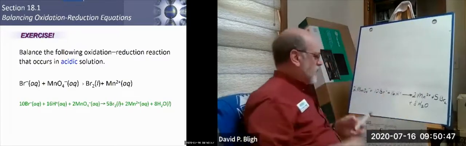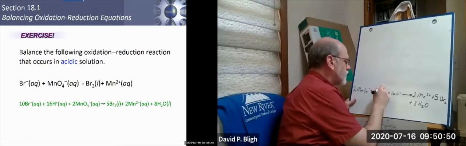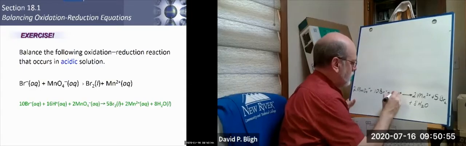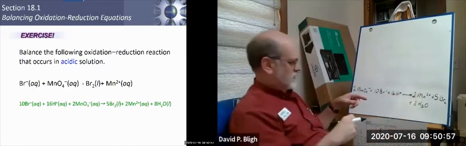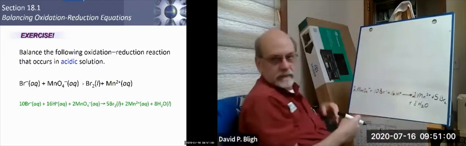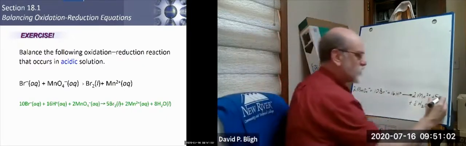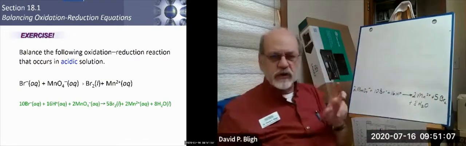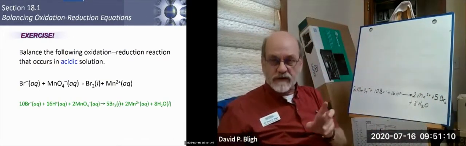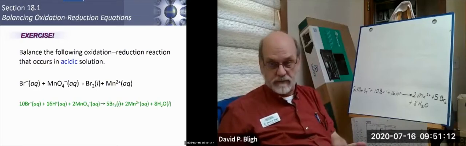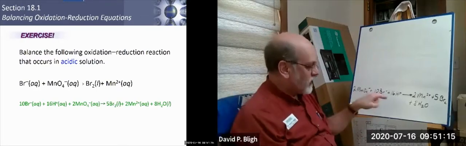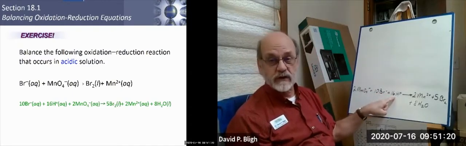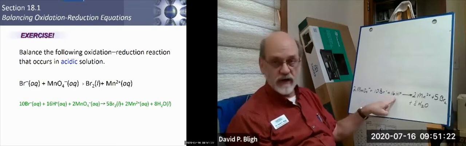All right. So that I don't have to write it all over again, I'm going to make my changes going that way. All right, so how do you turn this into a basic solution? You consume the protons with hydroxyls. So if we've got 16 hydrogens, how many hydroxyls do we need to add to consume all of those?